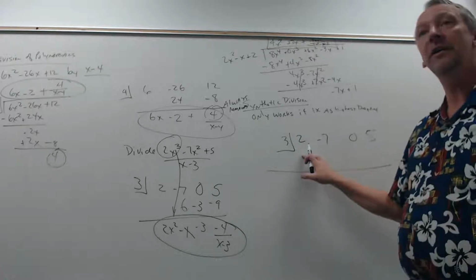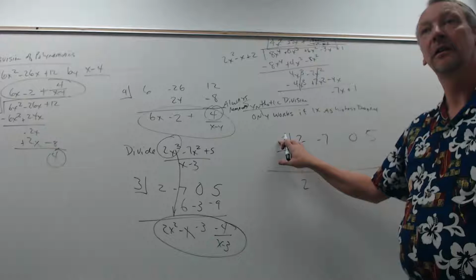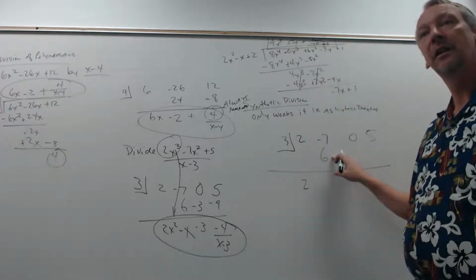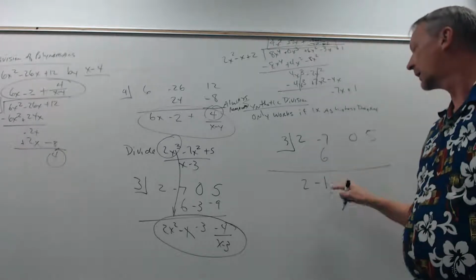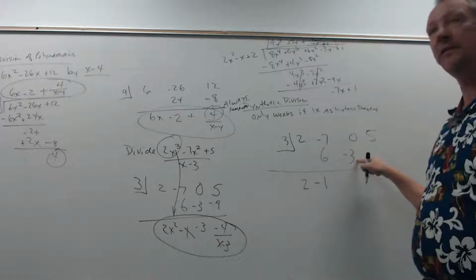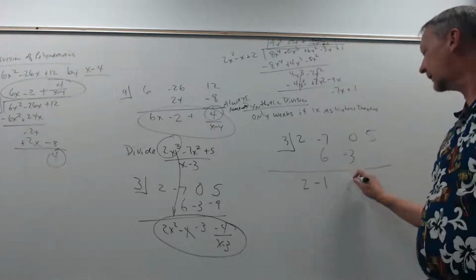2 and 0 is 2. 2 times 3, 6. Negative 7 plus 6, negative 1. Negative 1 times 3, negative 3. 0 minus 3, negative 3.